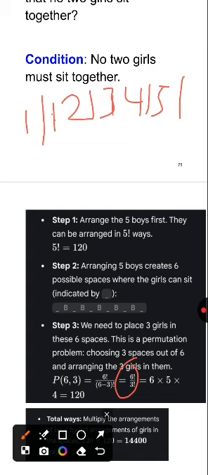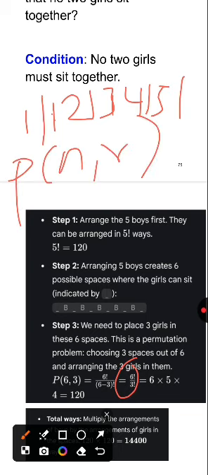In the previous lesson, we said that permutation is equal to n and then r, where n denotes the total number of objects, or in this case the spaces, and r is the number of objects being taken at a time. So we are taking 3 girls at a time.